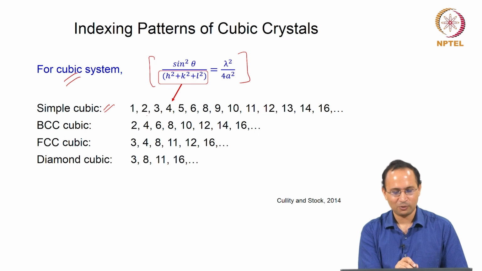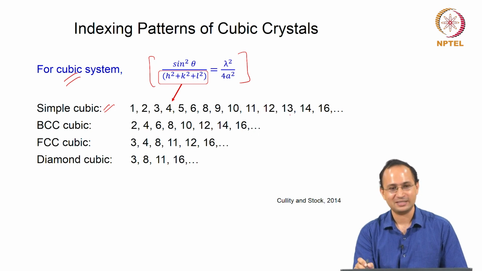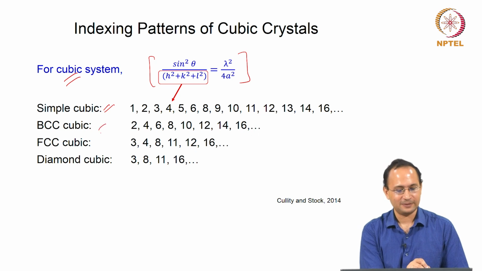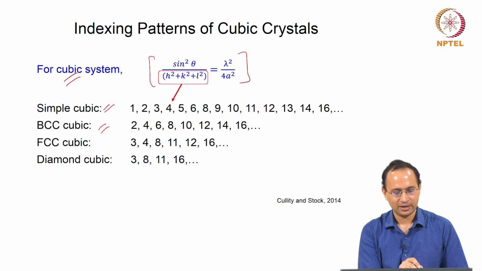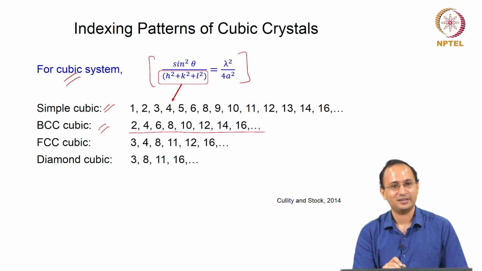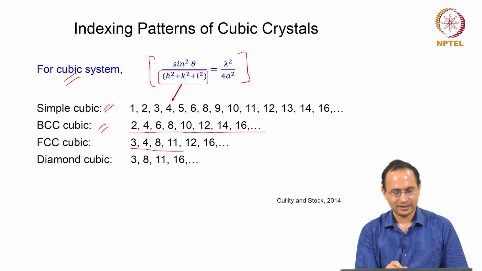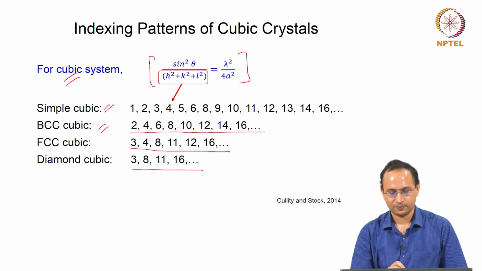So, 1, 2, 3, 4, 5, 6, 8, then 9, 10, 11, 12, 13, 14, 16. For BCC, body centered cubic, h square plus k square plus l square will be 2, 4, 6, 8, 10, 12, 14, 16. For FCC, this is the sequence, again for the cubic system. And this is for diamond cubic.